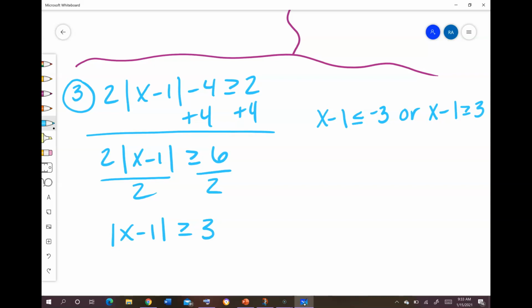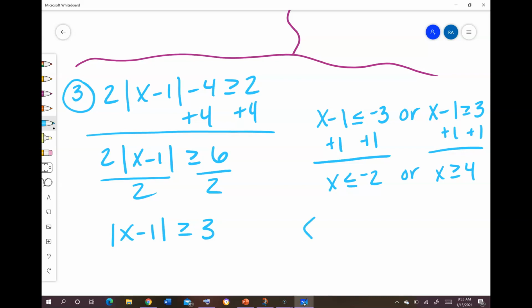We're going to solve both of them. We're going to add 1. So I get x is less than or equal to negative 2, or x is greater than or equal to 4.